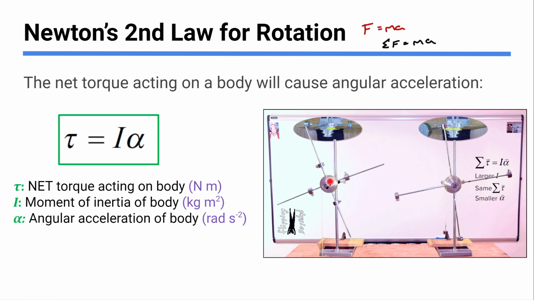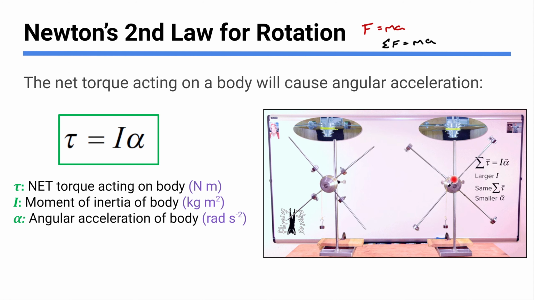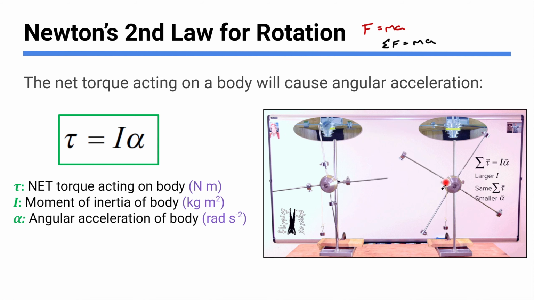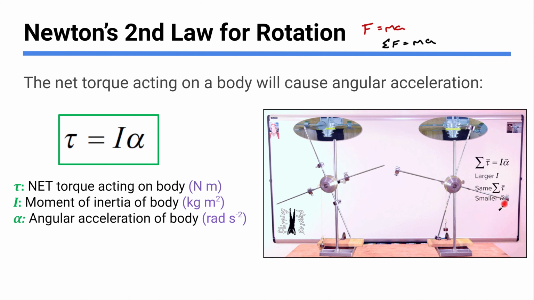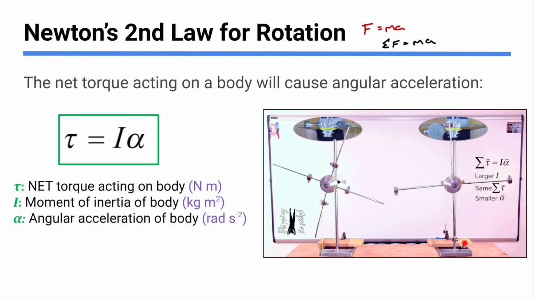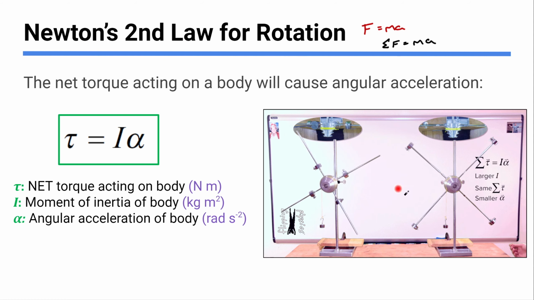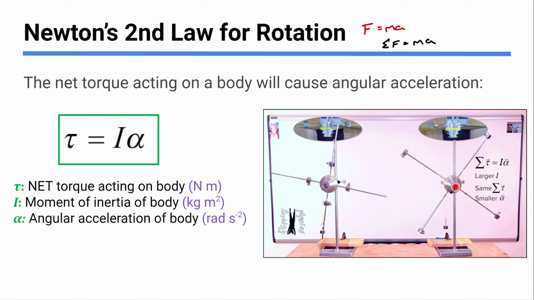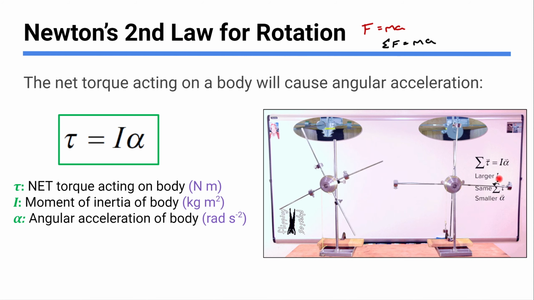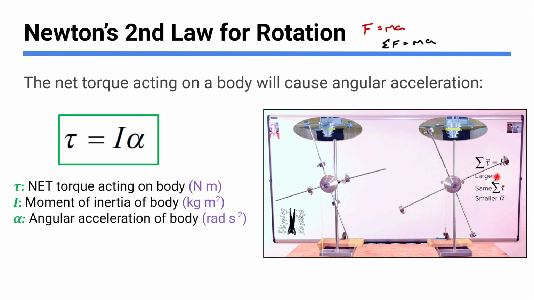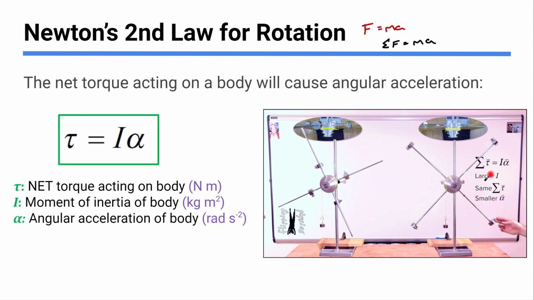This one starts to rotate real easy, and it's rotating faster and faster and faster, whereas this one takes a lot longer to get going, because more I, smaller alpha. Same thing as F equals ma. This is just like pushing two boxes. This is a little box, that's a big box. You're pushing them with the same force. The little box accelerates faster. Here, the m of the box is a little weirder. It has to do with how the mass is distributed.